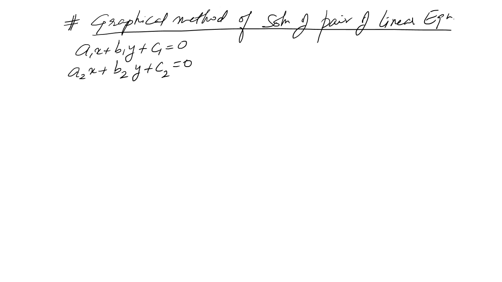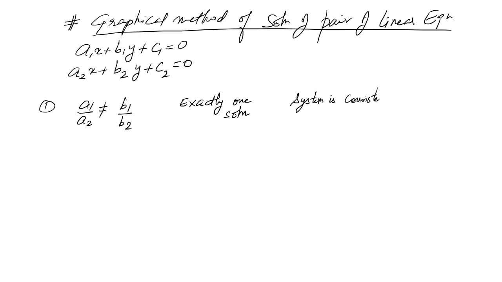So now comparing the ratios, first part, if a1 by a2 is not equal to b1 by b2, what we get? We get exactly one solution, right? And we will say that system of equation is consistent, right? And we have unique solution.